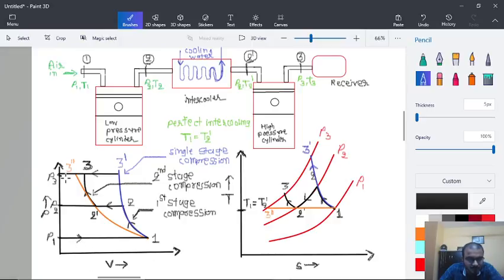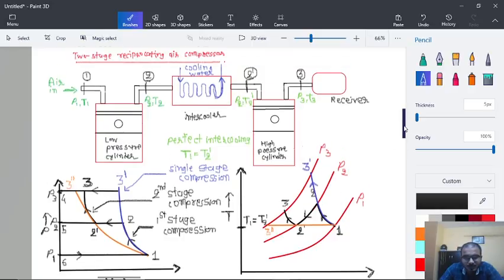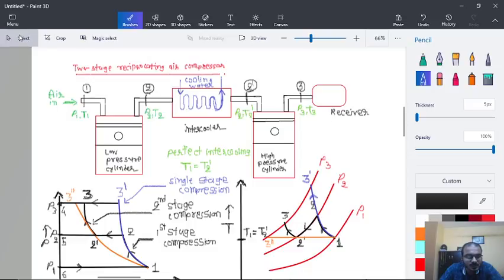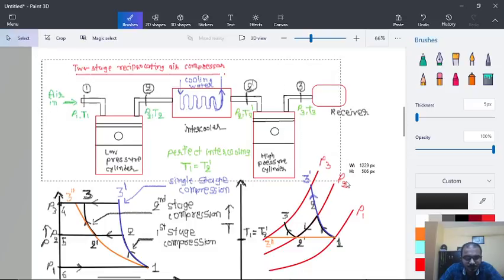So we will be denoting this as point number 4 over here, point number 5 here, and point number 6 over here. So I think we have drawn everything. Let's copy this work into our main slides.